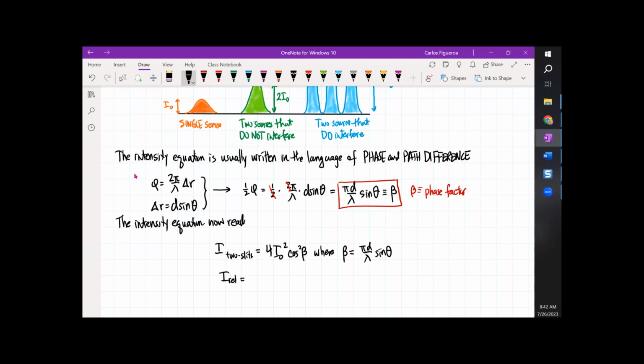And the relative intensity is cosine squared of beta with no 4 factor in there. Now, if I need the details of the intensity, then I have to put that 4 factor in there.